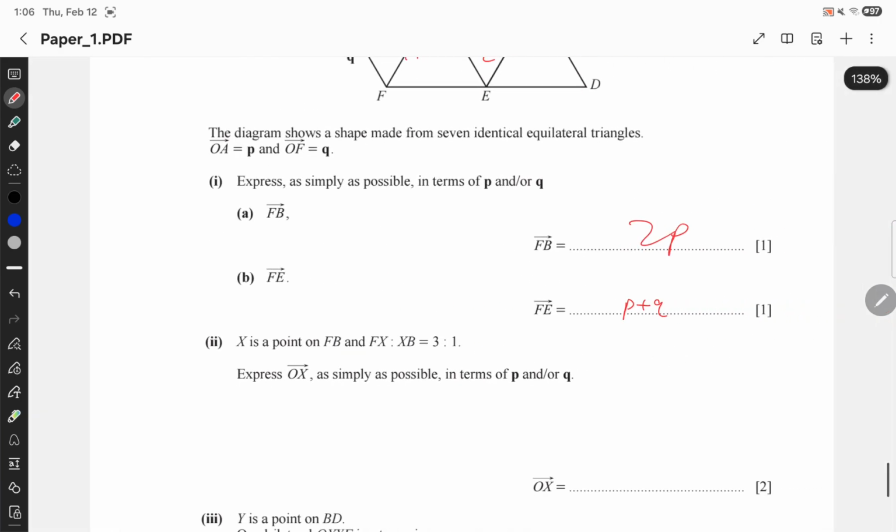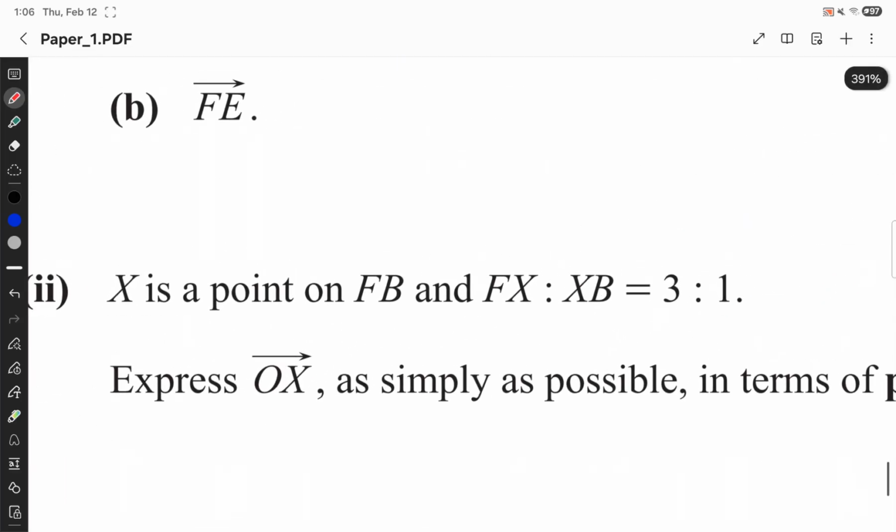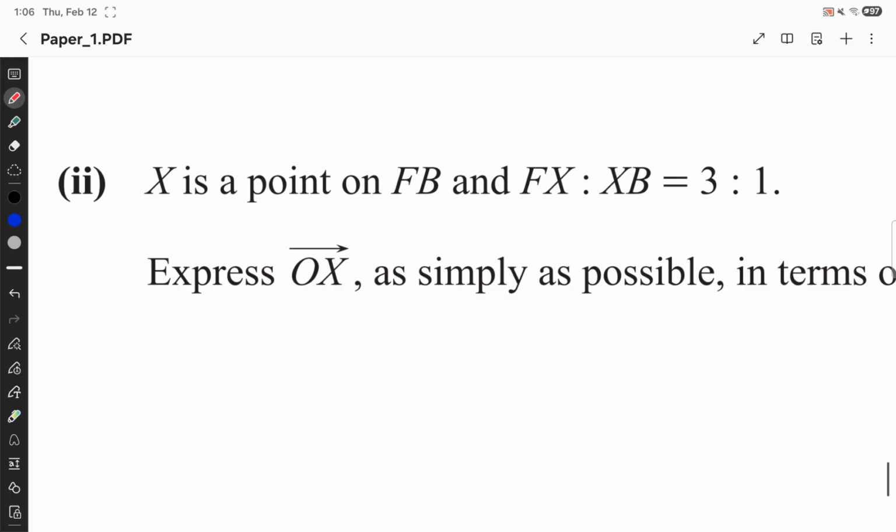X is a point on FB such that FX to XB is equal to 3 to 1. Express OX as simply as possible in terms of P and Q. We know FX to XB is 3 to 1. Now what is FX or XB in relation to FB?